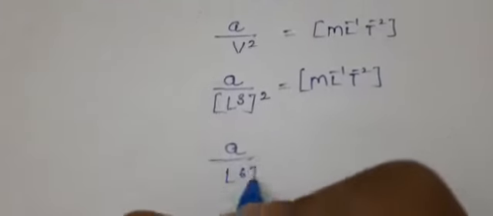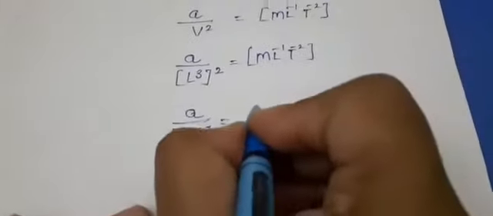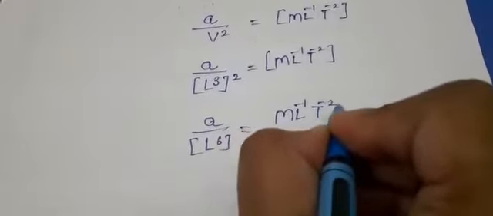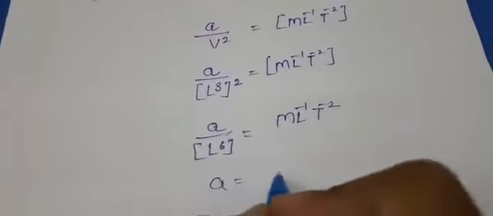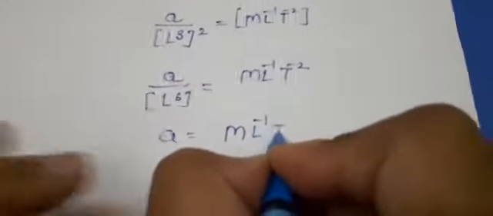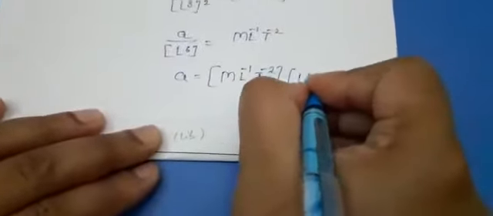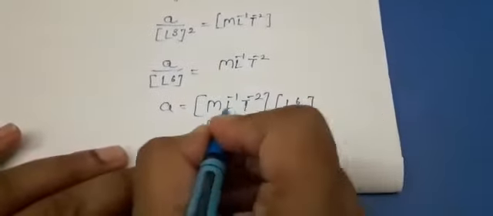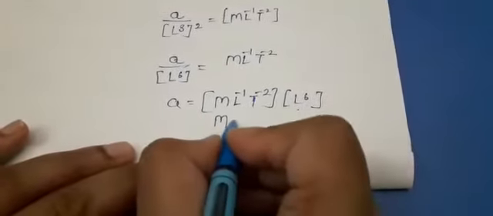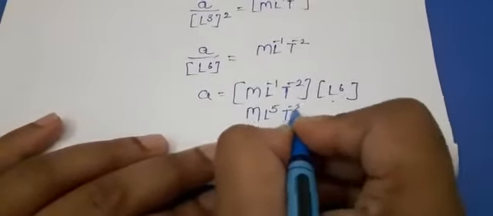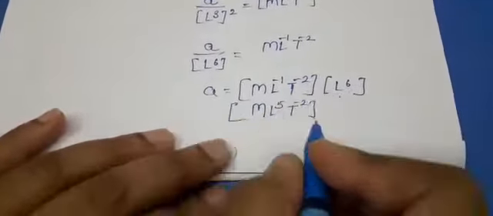L⁶ in the denominator, M L⁻¹ T⁻². Rearranging, cross multiplying, we get M L⁶⁻¹, which will be L⁵, and T raised to the power minus 2.